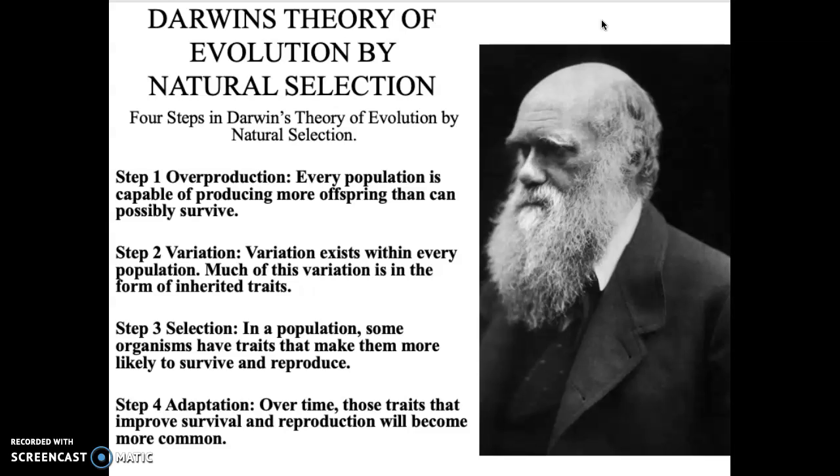So over time, then, we get this accumulation of adaptations. These are variations that allow an organism to better survive and reproduce. You can think of a human brain over time. Over time, there have been variations that have made our brain a little bit bigger. It has more folds in it. It has more regions in it, so that it allows us to outsmart our competition.